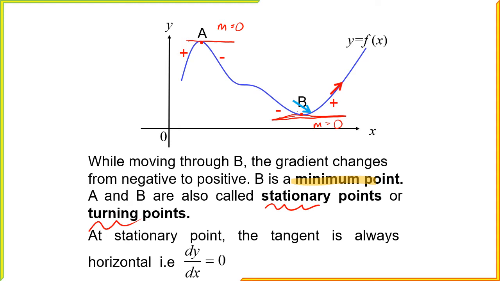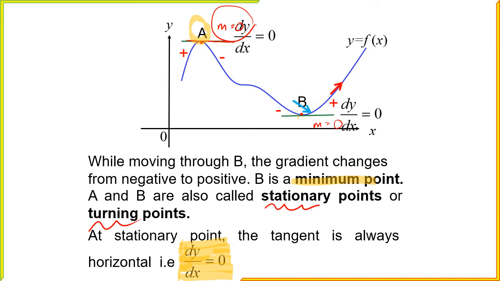And then if it's a stationary or turning point, the gradient will be 0, meaning that dy/dx is equal to 0. And then from here we can find the x and y coordinates for A and B. It can be 1 or 2 or more than 2 points on a certain curve.